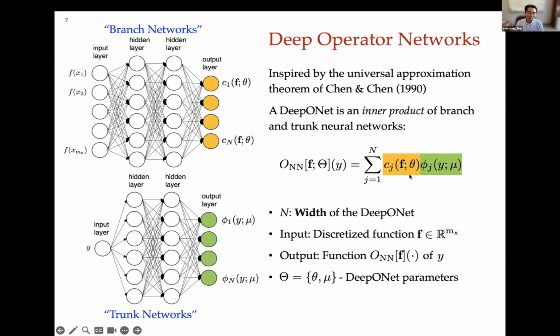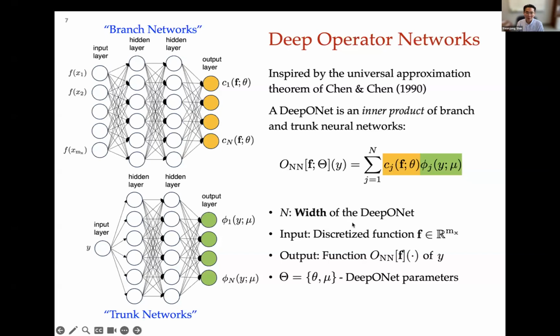Simply speaking, DeepONet is inspired by the universal approximation theorem, and its architecture can be viewed as an inner product between the branch network, which is the yellow here, and the trunk network. And here, N, I'm not sure what N is called in the literature. I asked Lu Lu once what N is called, and he said, we didn't name it. So I gave it a name: the width of the DeepONet.